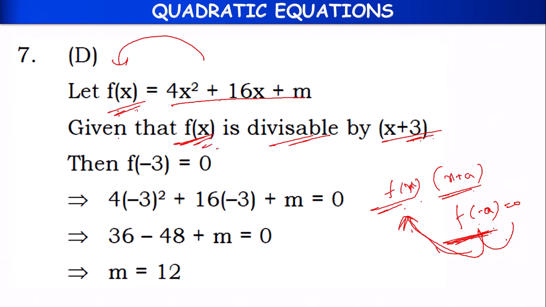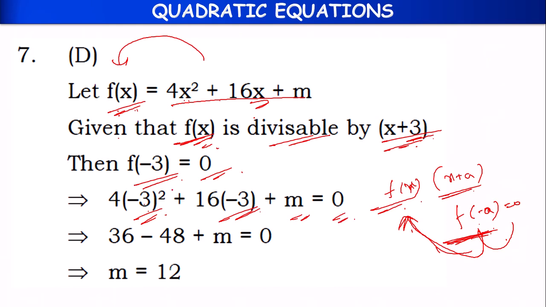So as f of x is divisible by x plus 3, then we can take f of minus 3 equal to 0. So in the place of x, we have to keep minus 3. 4 times minus 3 whole square, plus 16 into minus 3, plus m equal to 0.